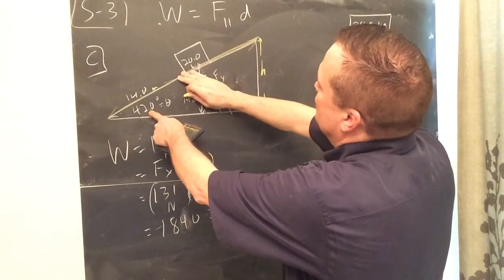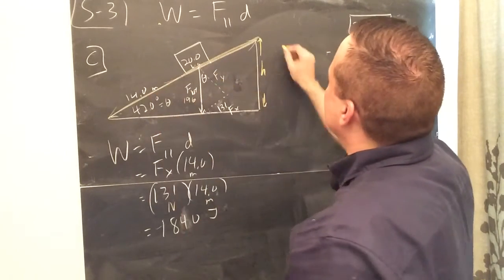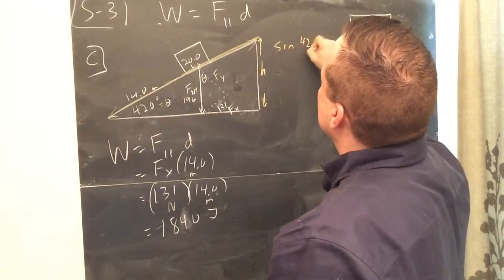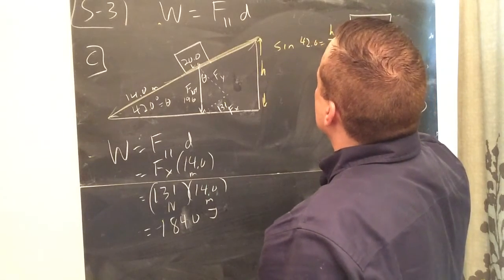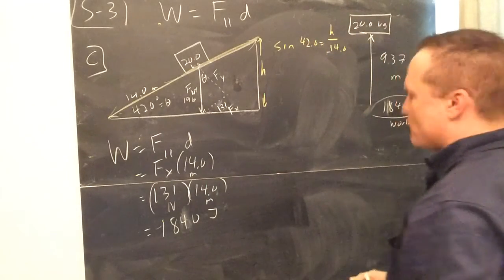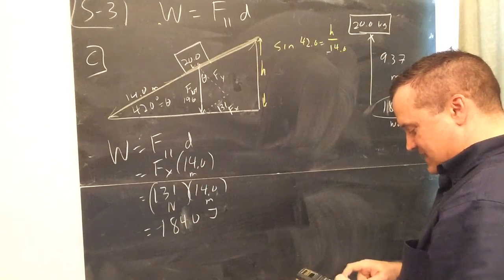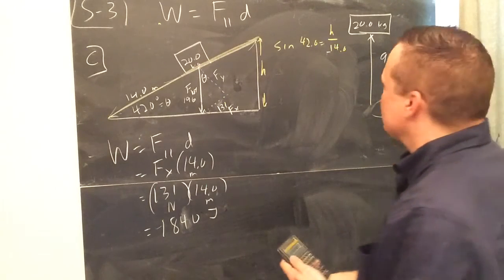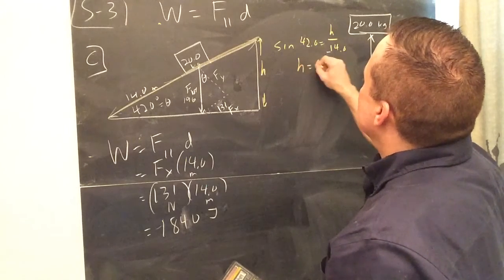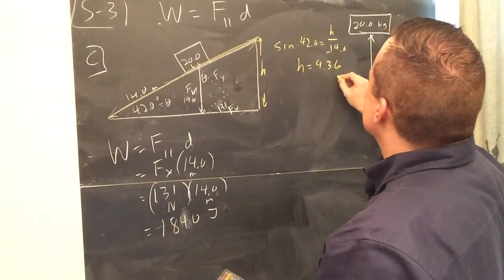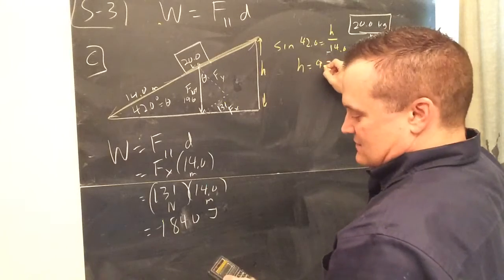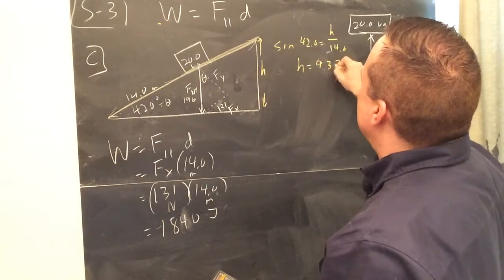Sine of 42 would be the height over 14. So sine of 42 times 14, you don't have to do this, I'm just doing an extra little step, equals 9.37 meters.